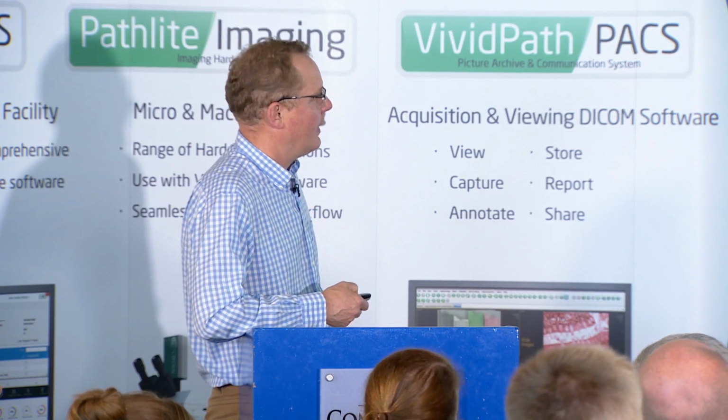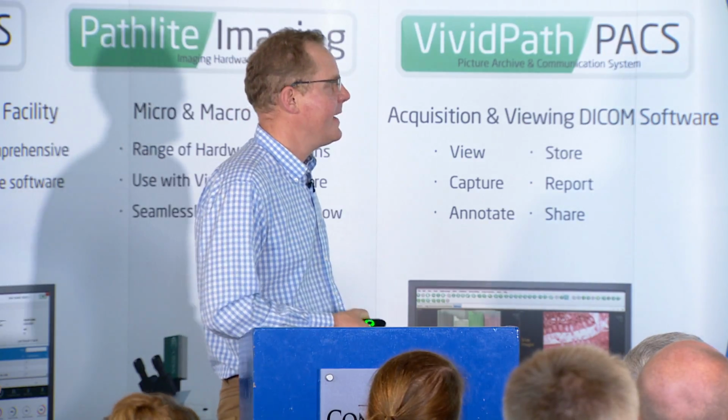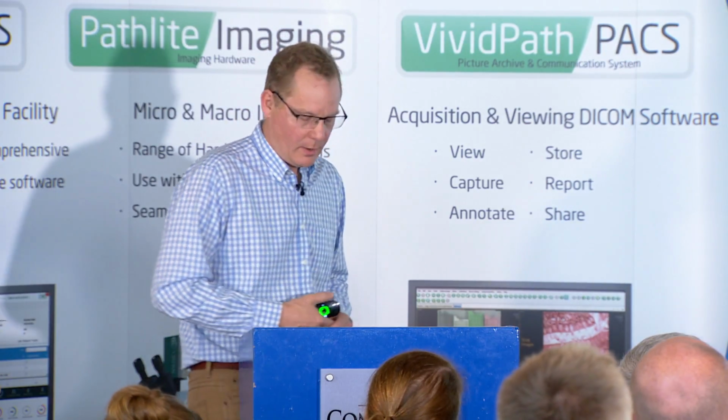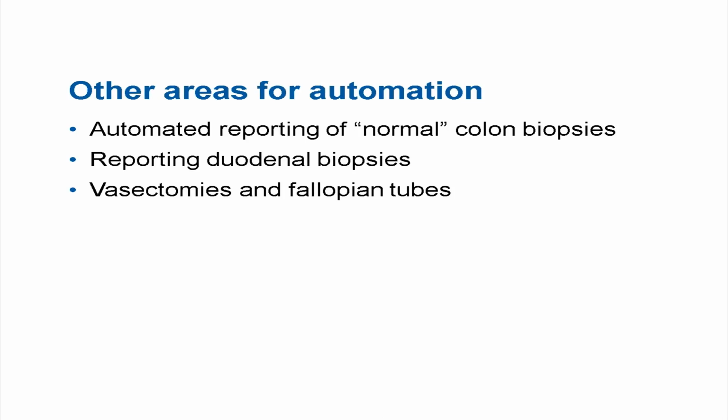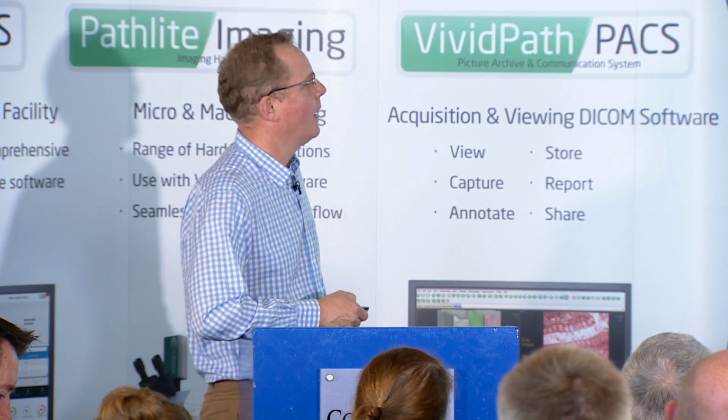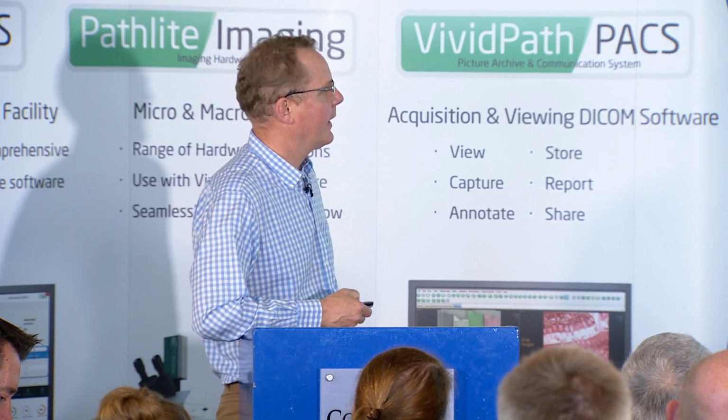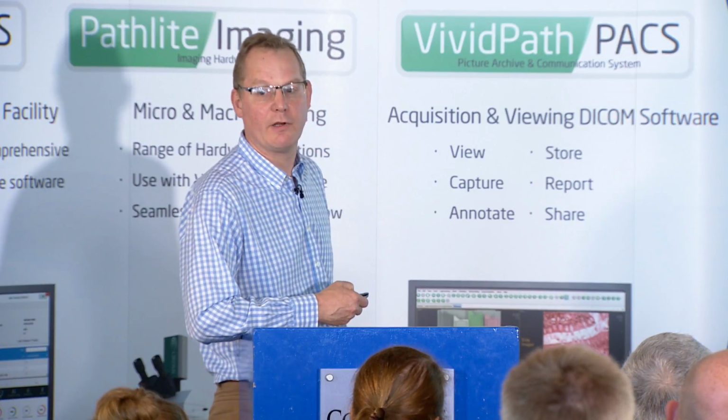But the other areas which we think are amenable to automation are cases which produce a lot of normal. This took me a long time to fall down to this one. But obviously, normal is normal. It's as you would expect it to be. You can build an algorithm to look at the parameters of normality with very tight restrictions and pick out what is normal with a very high degree of consistency.